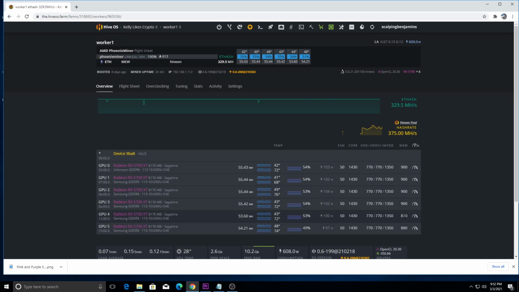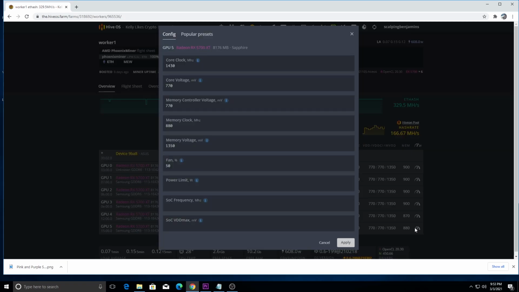It's just because they seem to start spitting errors, or they had some issues. I'm not sure why. Other than that, I'm really happy with these numbers. If you want to change one, the easiest way to change the overclocking is to click on this guy right beside it, and it's just going to bring you up that one.